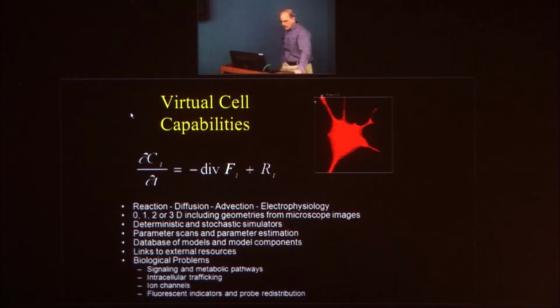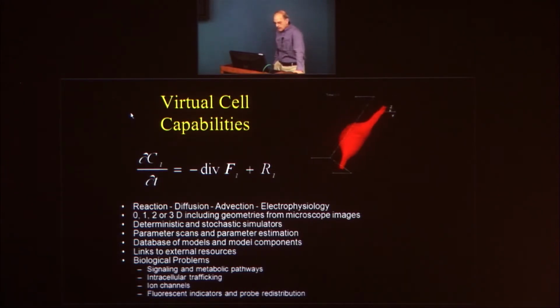So that equation on this slide is sort of a summary equation for the kinds of problems that Virtual Cell can currently deal with. The change in the concentration of a species I as a function of time is given by the divergence of a flux, and the flux can include advection, it can include a velocity or a flow, as well as diffusion.